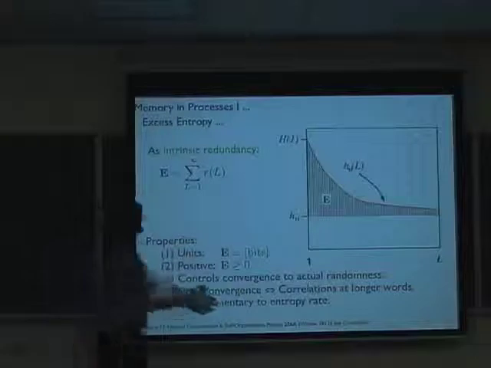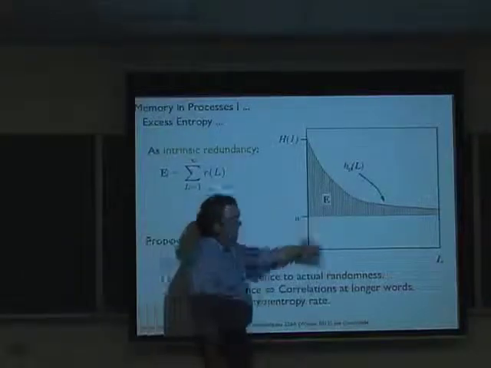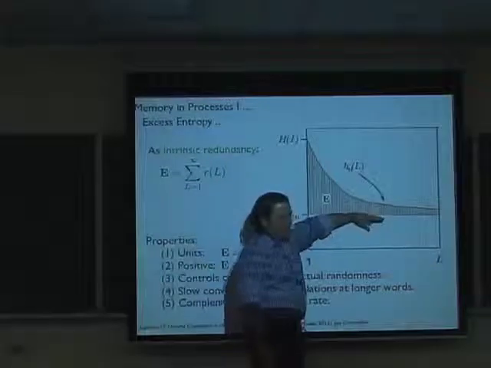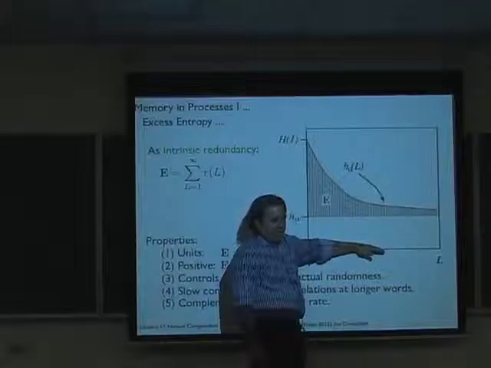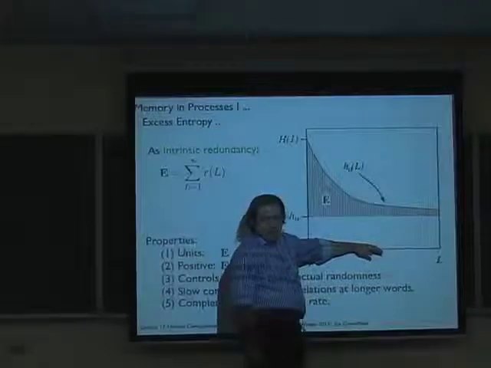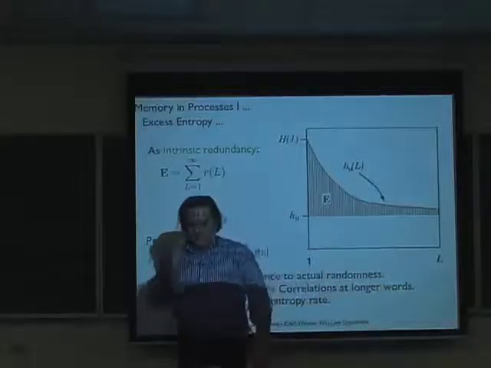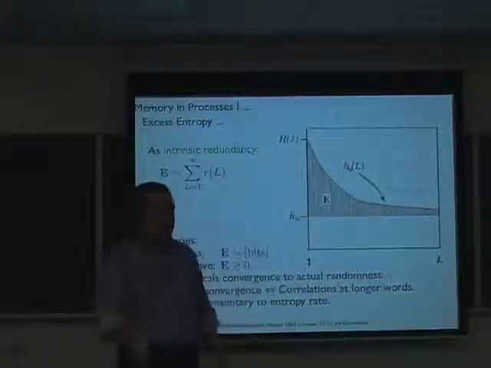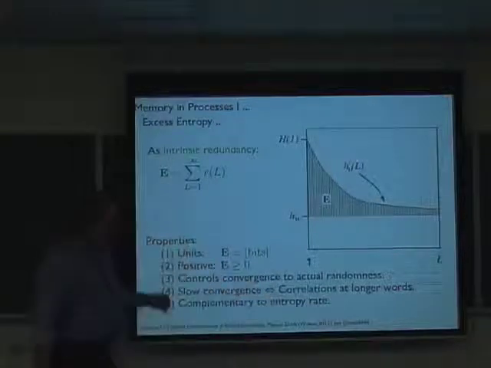And again, this is complementary to the entropy rate. You can imagine here, just graphically, I can draw any number of convergence curves like this and shift h mu around. So there'll be processes with various entropy rates and different excess entropies. There's no necessary connection between these things. Fix an entropy rate. Think of all the processes that have that entropy rate. There'll be a whole range that have different excess entropies.